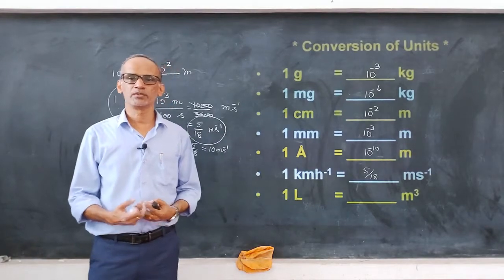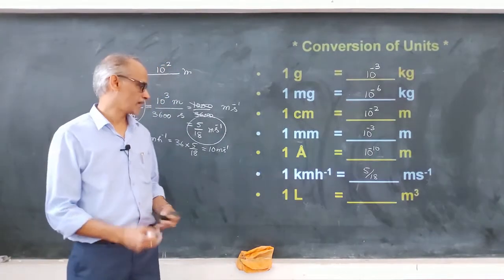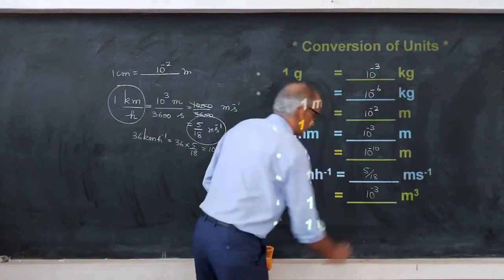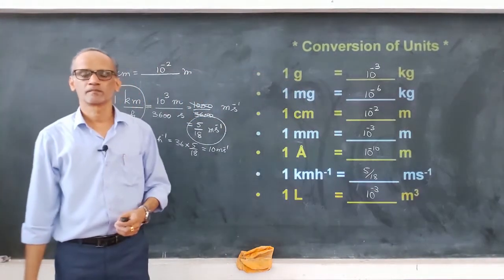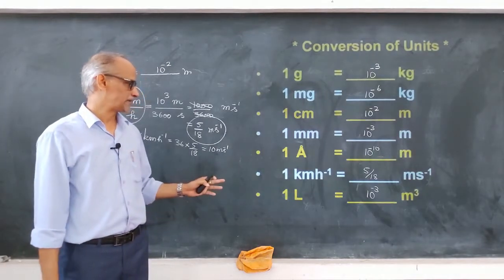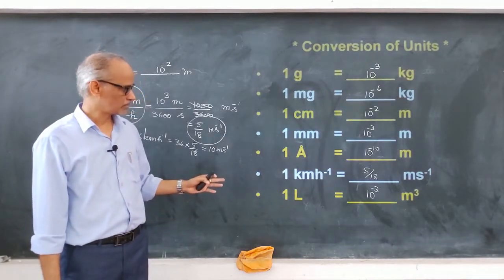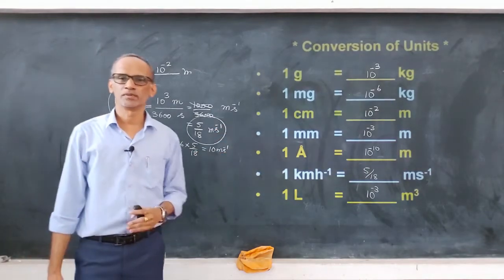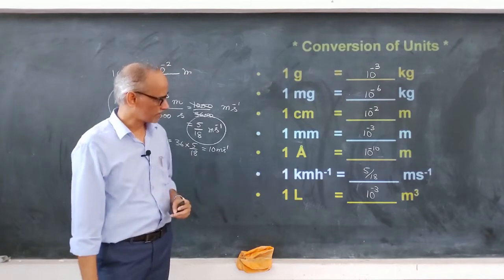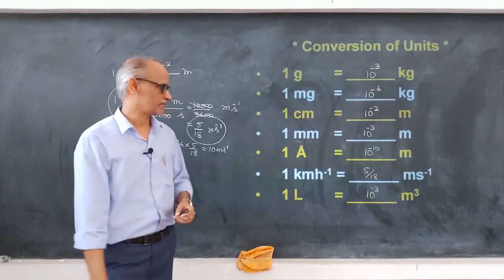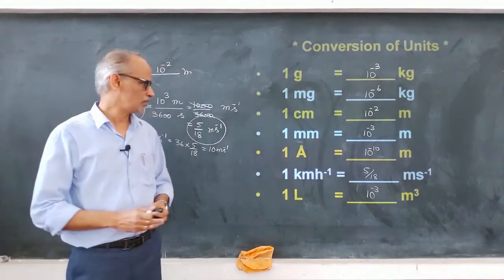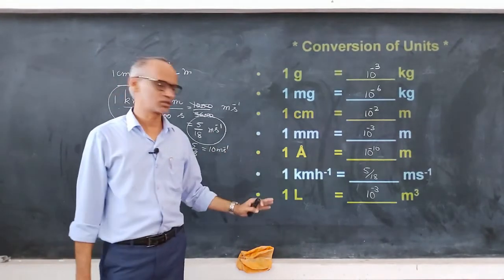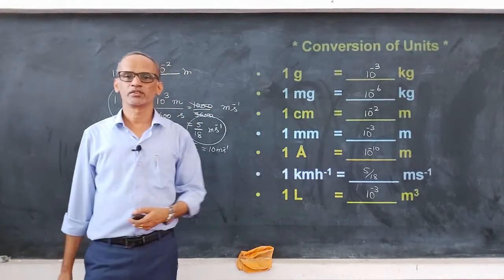Liter is a unit of volume, and 1 liter is equal to 10 to the power minus 3 meter cube. Do remember this conversion from liter to meter cube. Clear?